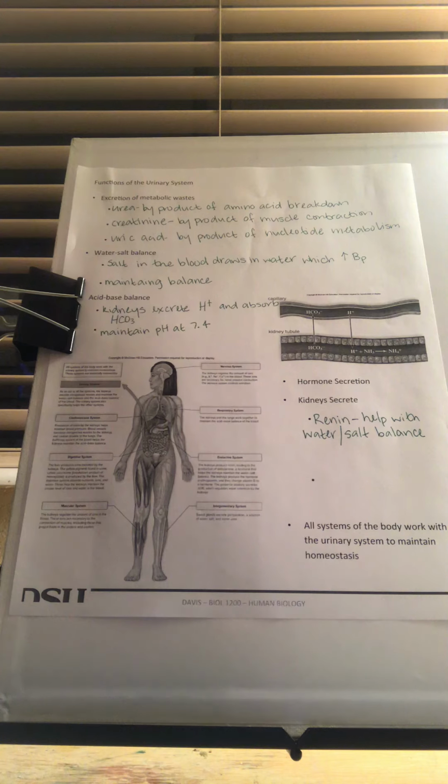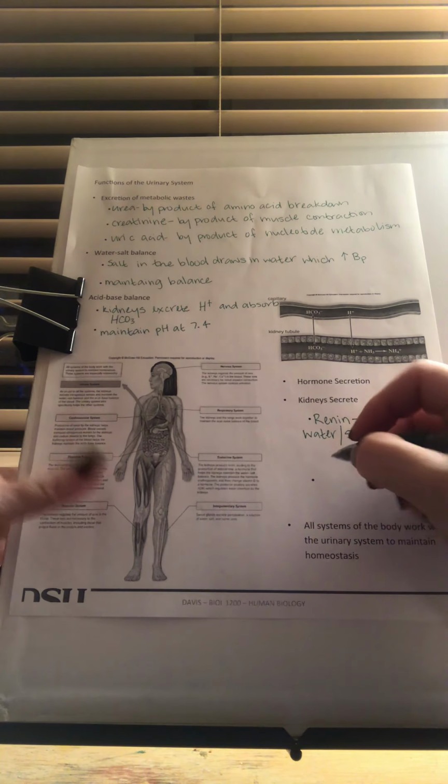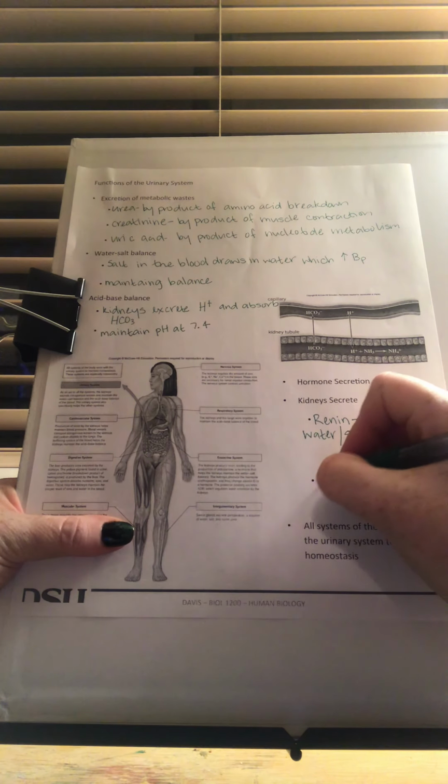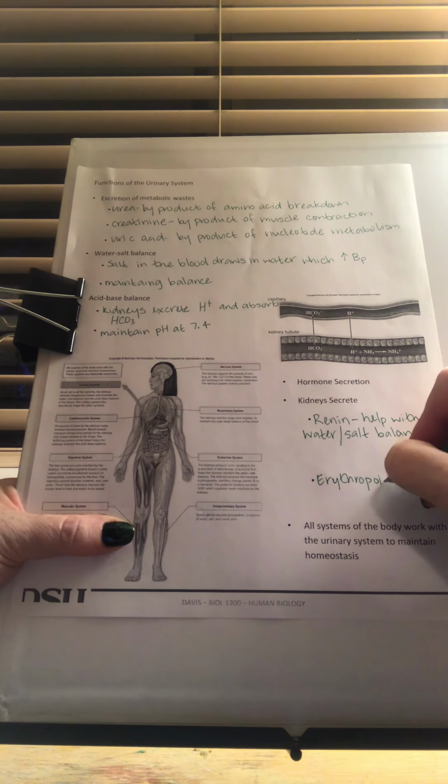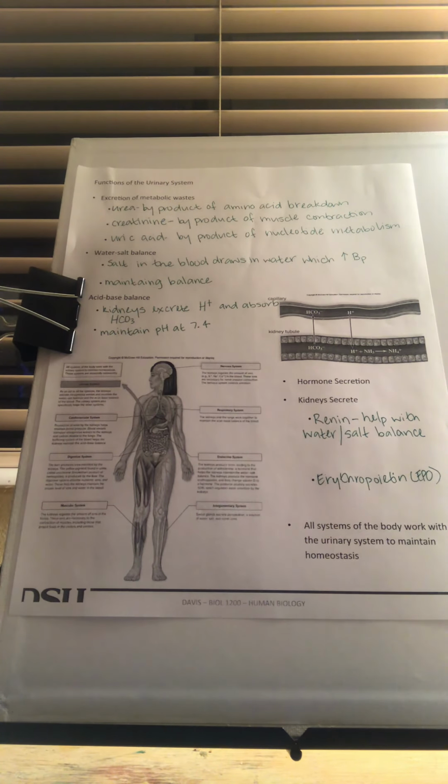Okay. And then it also, if you remember this from our red blood cell chapter, our EPO, erythropoietin. Remember that this is what decides if more red blood cells are needed in the system.